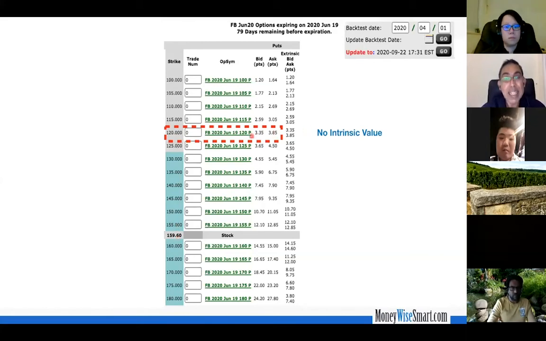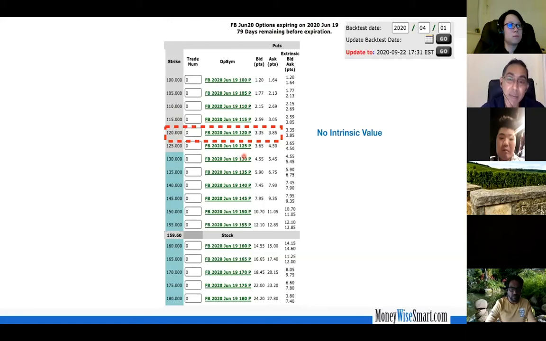However, it still has some extrinsic value, and this extrinsic value derives from the market's expectation. The market is expecting that maybe there is a slight possibility that the Facebook share price might drop in the next 79 days, leading up to the expiry of this option. It might drop and go below 120.